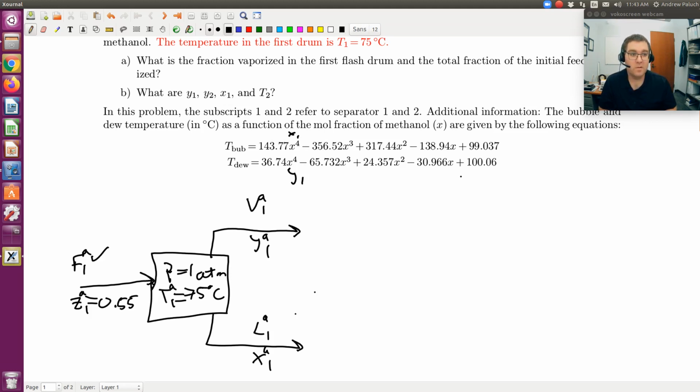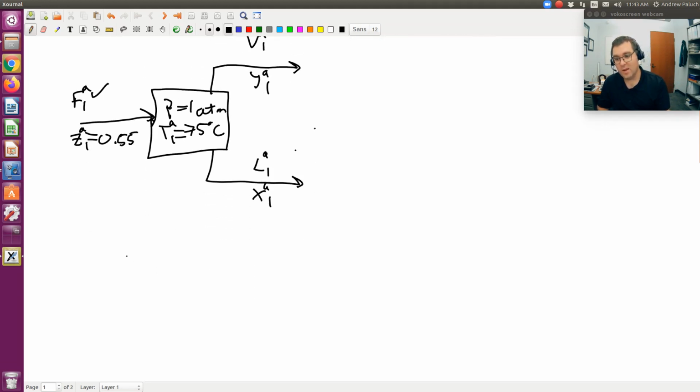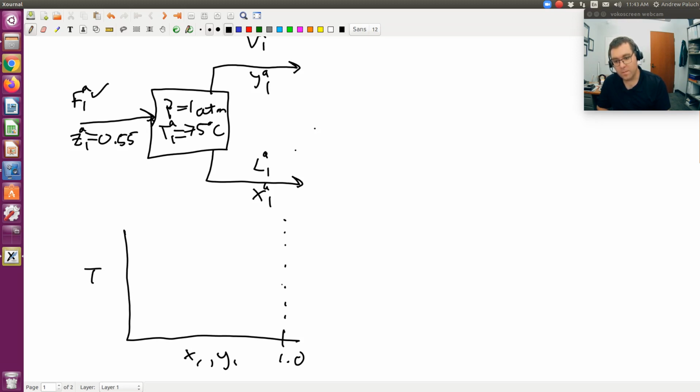If I have a binary system at two-phase equilibrium, how many degrees of freedom do I have? 2. And if I were thinking about a TXY, since that's the data that we're given, again I sketch my picture of a TXY so I can check the reasonableness of everything, taking component 1 to be the most volatile component. T1 sat, T2 sat.